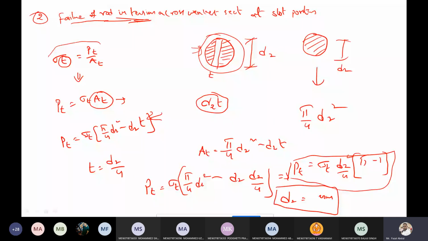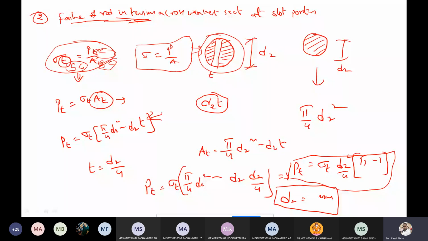In the first equation, the stress equation is the same. If it is sigma s, I am going to take sigma s here. But sigma equal load by area is common. If I take c here, I write c. It means only the suffixes I am changing, but the basic equation is not changing. So remember this point.